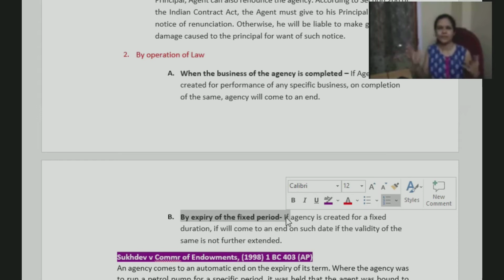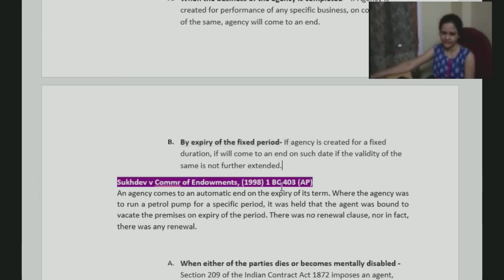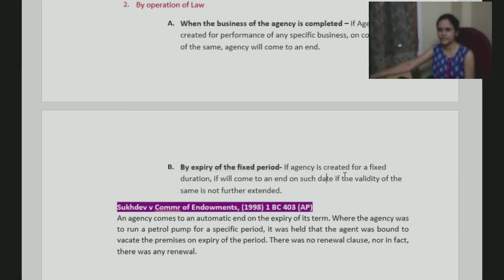There might be a provision or there may not be. It's not necessary. So if they have not renewed it, or there was no such provision, once this fixed period is over, then also the agreement would come to an end, the agency will be terminated. So these two are kind of similar. Here the business is done, here the term is over.